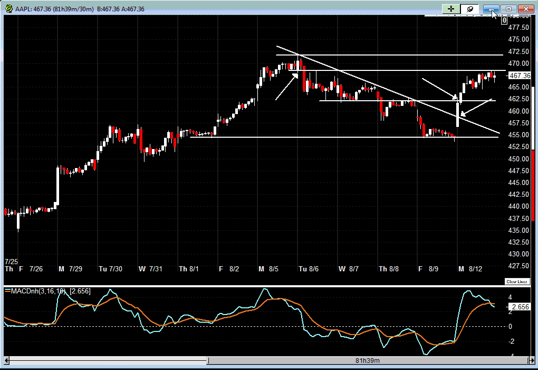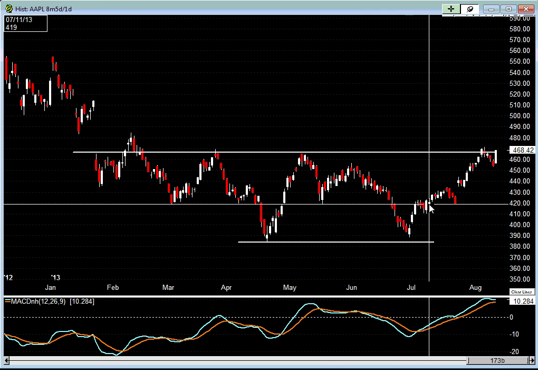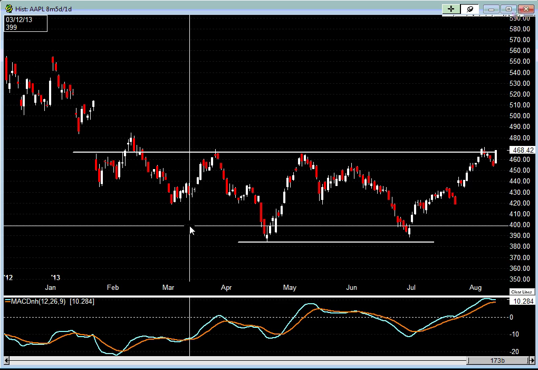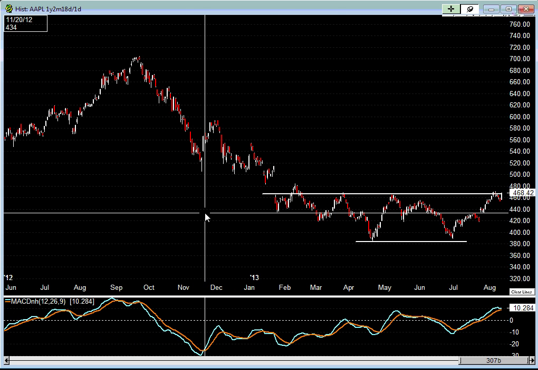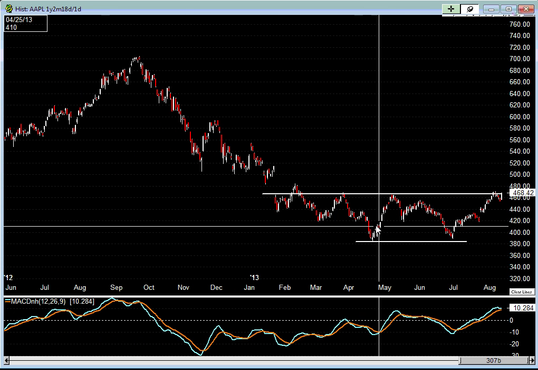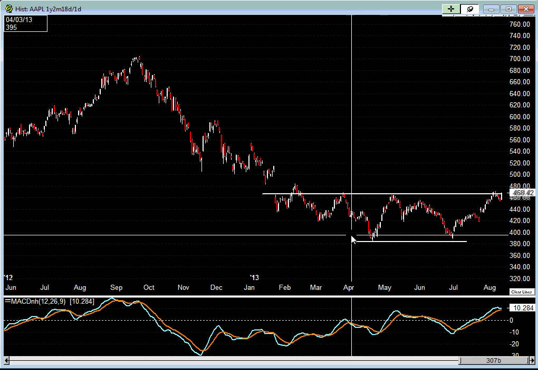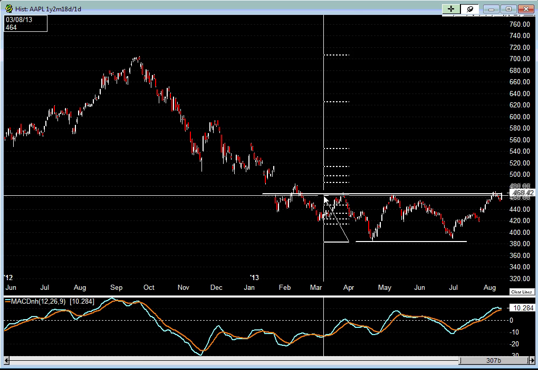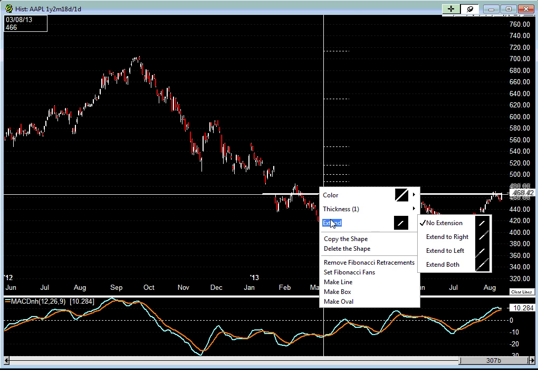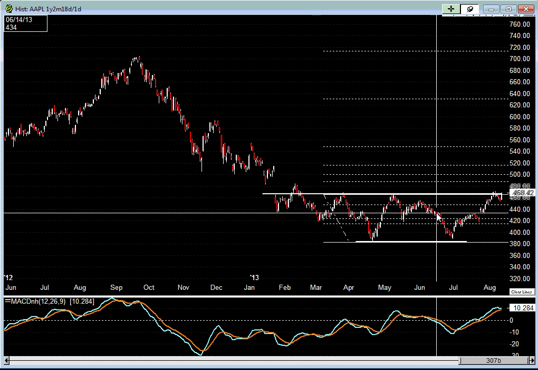Okay. So let's go back to the daily and take a look at some of the levels that we could project up. The first thing is, if this is a double bottom here, we could measure a major move using a Fibonacci tool and get a projection of where that major move will be.